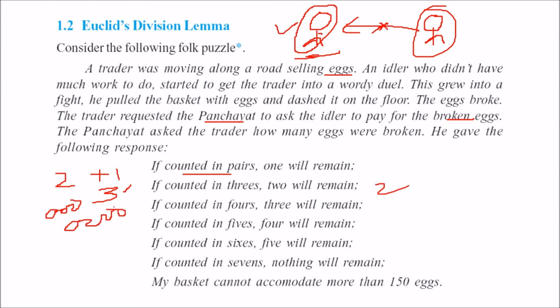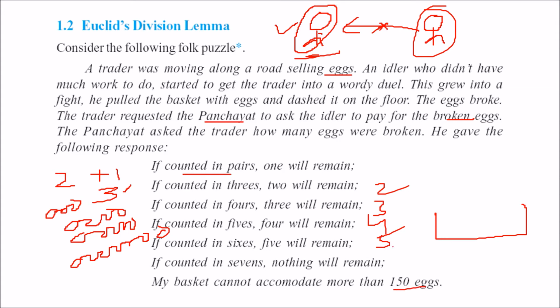If packs of 4 eggs, 3 will remain. Packs of 5, 4 will remain. Packs of 6, 5 will remain. Packs of 7, nothing will remain. And one more thing is he has a basket, and the basket cannot accommodate more than 150 eggs. It will not be more than 150.